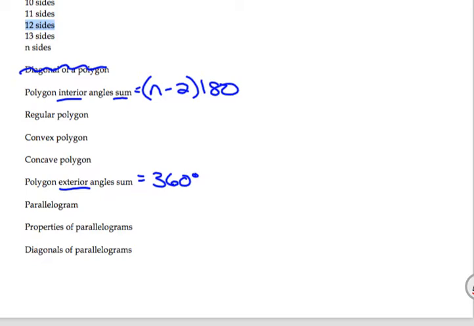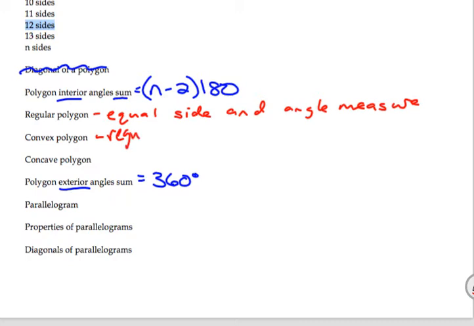A regular polygon is when all of them have equal side and angle measures. So all the sides, all the angles are equal in a regular polygon. Convex polygons are regular. They just look like parallelograms and stuff like this.